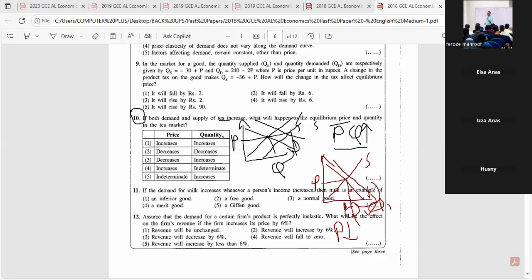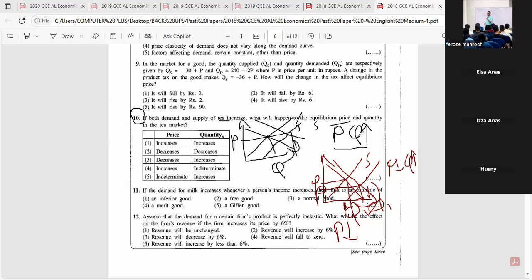Demand increases by a smaller amount, supply increases by a larger amount. Now the new equilibrium price decreases, and quantity increases. In the second case, price decreases, quantity increases.